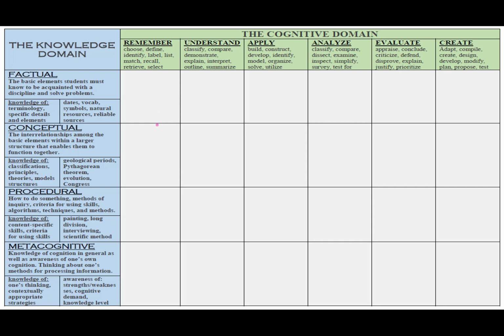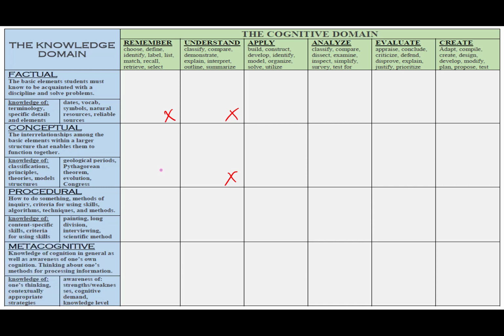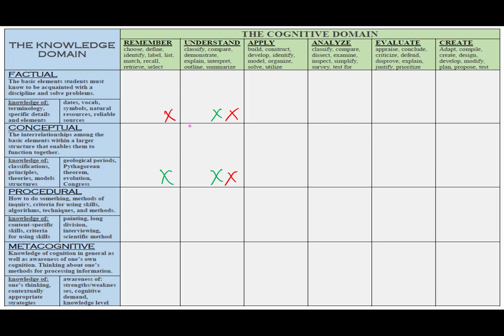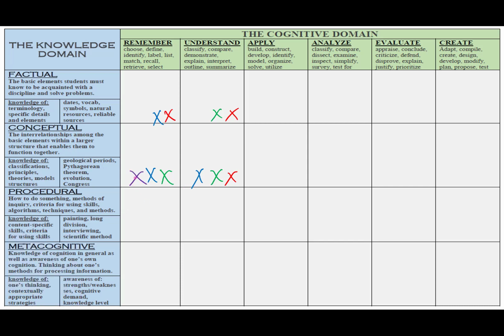So if each one of these colors represents one module, right? There are 3 objectives for module 1 in red, and then there are 3 more objectives here for module 2 represented by the green X's, and then my module 3 objectives are represented by the blue X's, and my module 4 objectives are represented by the purple X's.